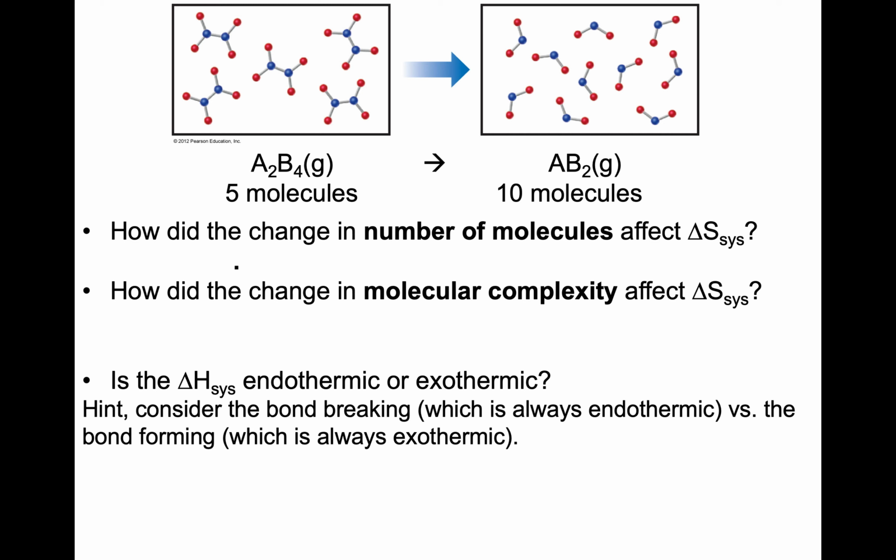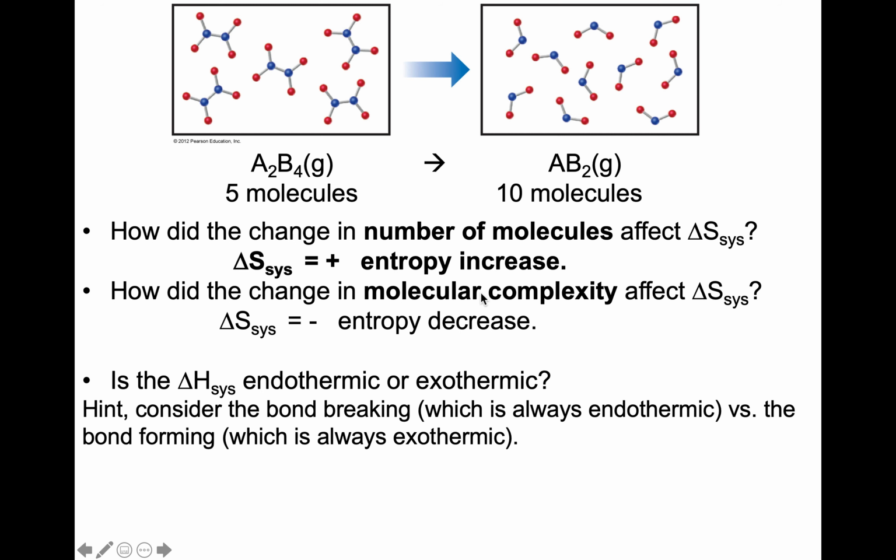How about this one? This is from end of chapter. And we're thinking about, well, what would be contributing to the entropy change qualitatively here? We discussed the number of molecules changing, the complexity changing. In this case, I think we have competing factors. I see the entropy would be going up because I have more particles, but the complexity would be going down because instead of having something with more vibrations, I now have fewer.